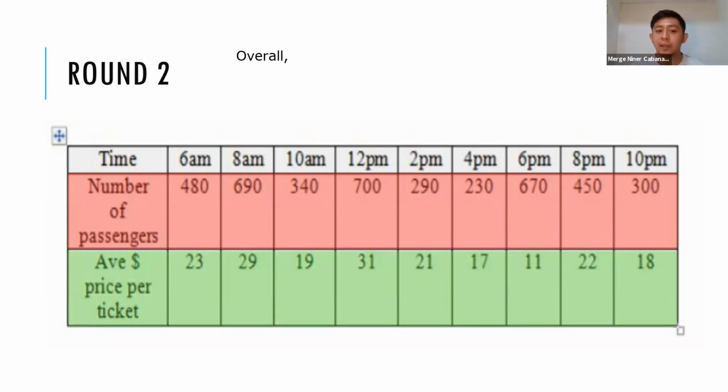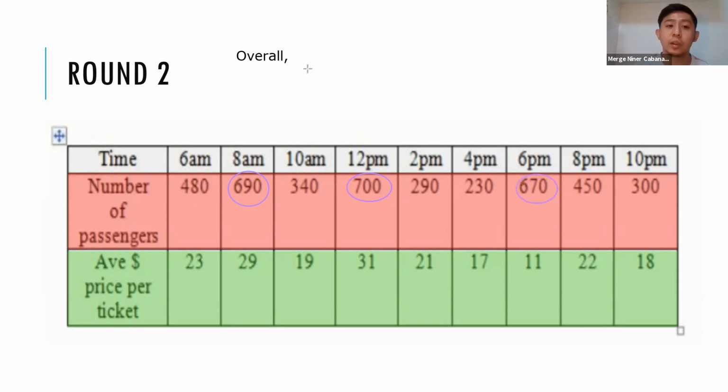So first of all, let us take a look at the numbers right here. So what are the highest figures? I have the 690 at 8 in the morning. I have the 700 at 12 noon. And then we have the 6 p.m. increase.